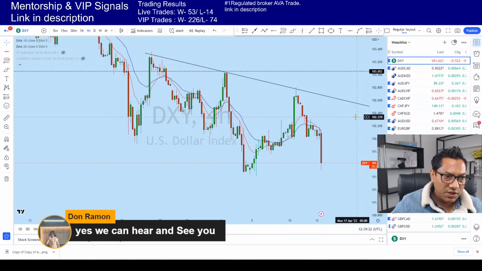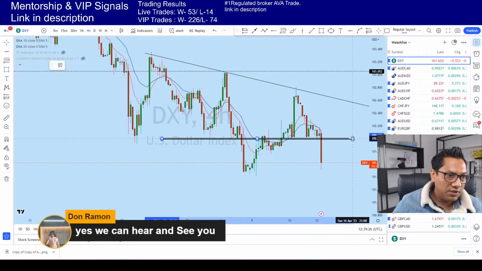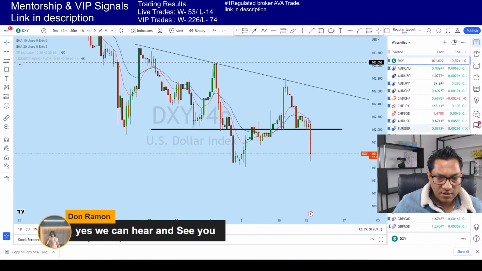This is what I discussed, that DXY is likely to break this support, and DXY has done that. We have seen significant rejection from the top on DXY. With that rejection, the price has completely broken to the downside as expected, moving exactly in the direction that it was supposed to move.